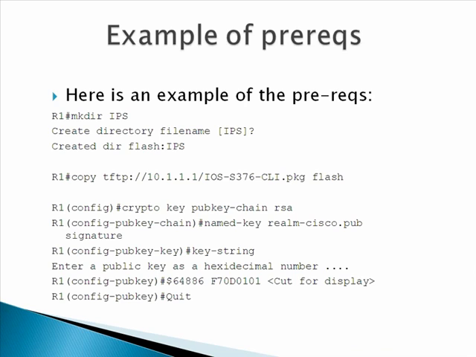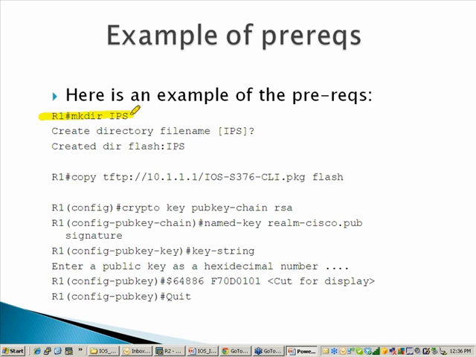Okay, so here's the prereqs that I talked about. First we've got the makedir IPS, and that is just going to create a directory in Flash called IPS. Copy TFTP to Flash. Again, that's copying my signature file that I downloaded from Cisco from my computer over to the Flash on the router.